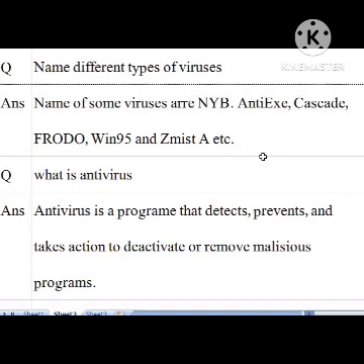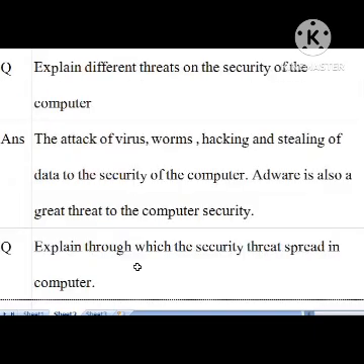Next question. Names of some viruses are NYB, NTXZ, Cascade, Farado, Win95, and Zemist A, etc. What is antivirus? Antivirus is a program that detects, prevents, and takes action to deactivate or remove malicious programs or virus.